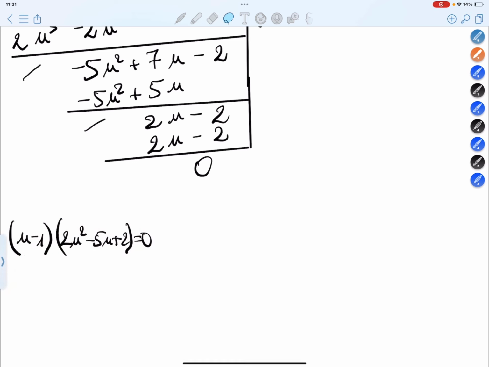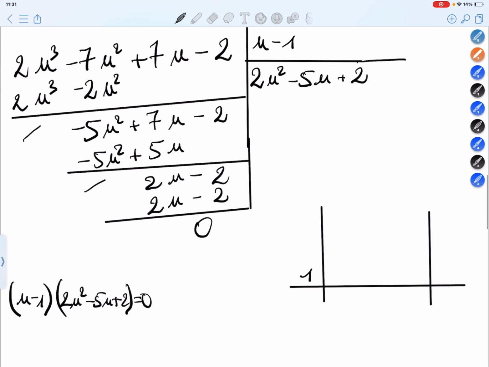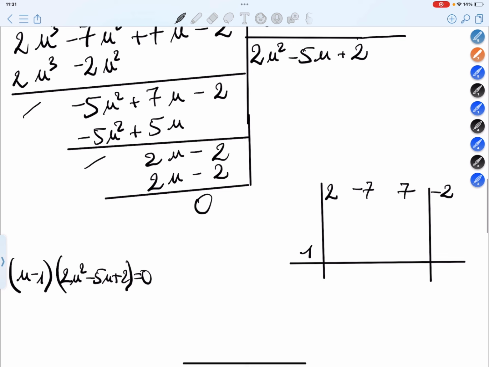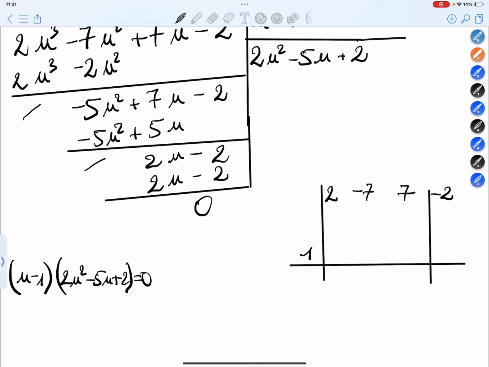So we have simplified it like this. Or we could have also used the Ruffini technique, which is basically, as we know that 1 is a solution, we put it here. Then we put all the coefficients of this one here, which are 2, minus 7, 7. Then the minus 2 would be out because there is no u in minus 2, right?